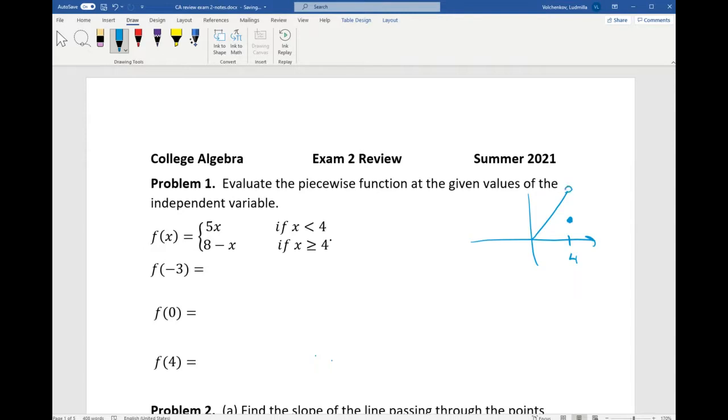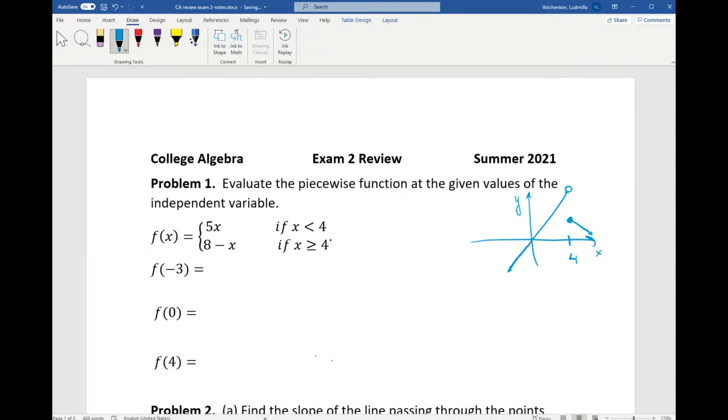So here we have an empty dot. It's not a scaled graph, just to show that it continues here, and to show that we have two different equations for different intervals on x.